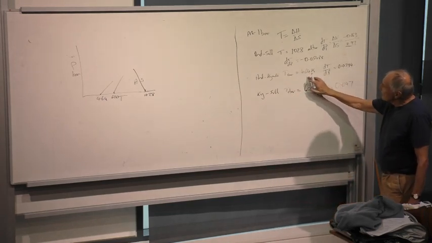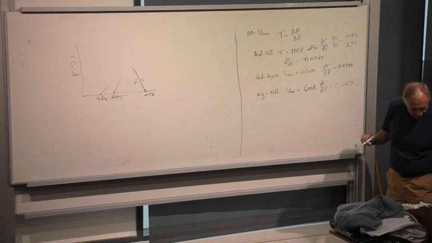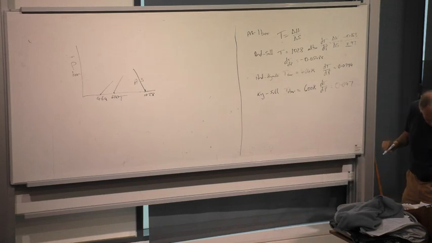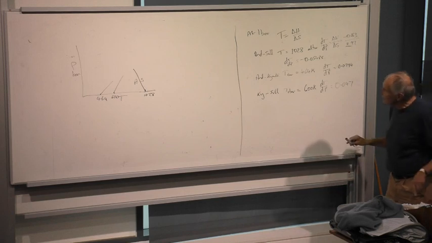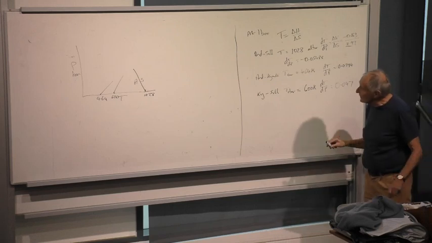The andalusite-kyanite is the lowest temperature one. That has delta S negative and delta V negative. So the kyanite has got the lower volume and the lower entropy, so it's on the high pressure side.